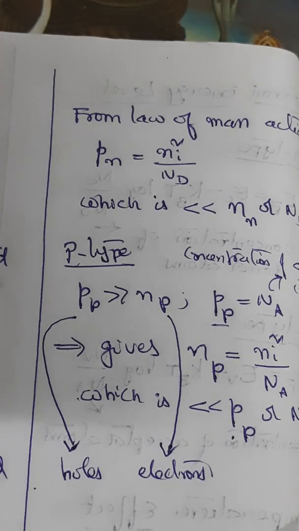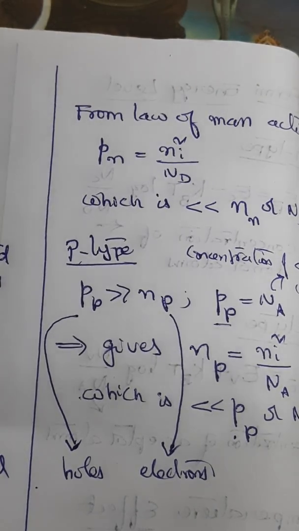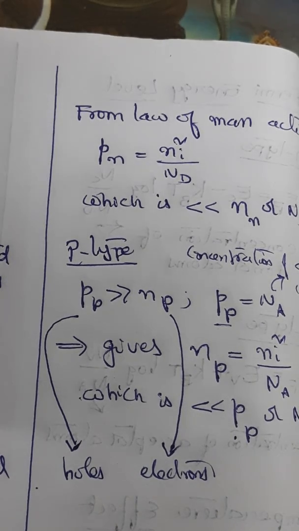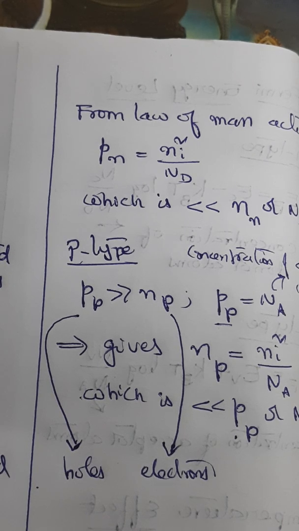Then we discussed the Fermi energy level and the effects of temperature on it. In an extrinsic semiconductor, the Fermi energy level is not static at the center of the energy gap; it makes an up and down journey in the energy gap.